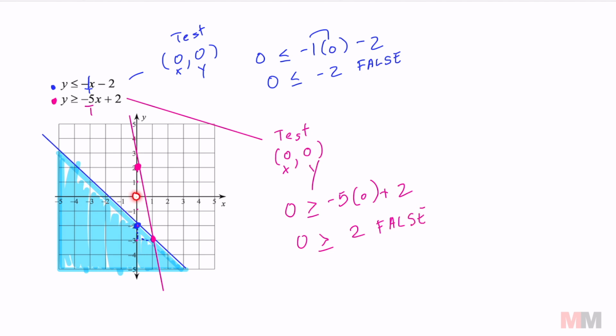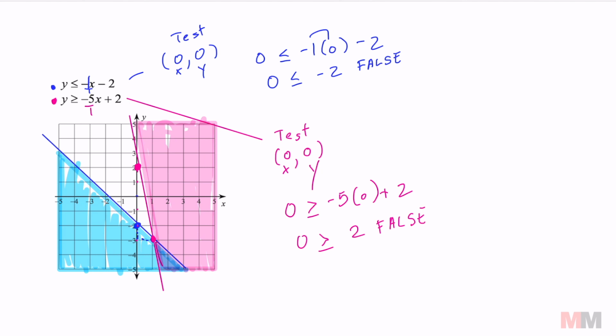Since you know that that test point for the pink line is false, then you know that you are shading the right-hand portion of that pink graph, which looks like that. And if you notice, there is a certain section that they overlap, and I'm going to try to emphasize that and highlight it even better.